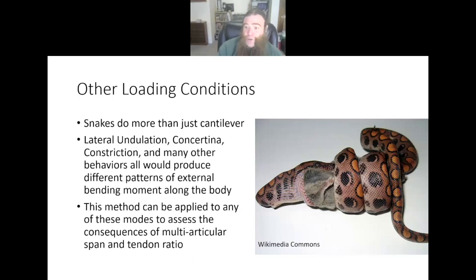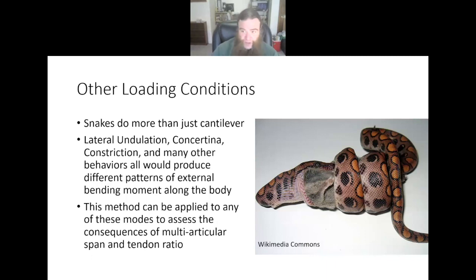So, other loading conditions, on the flip side, snakes do more than just cantilever, obviously. Lateral undulation, concertina locomotion, constriction, striking, all of these will produce different patterns of loading, different patterns of external moments along the body. And how does that relate?